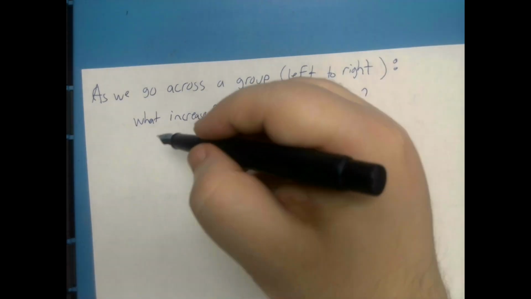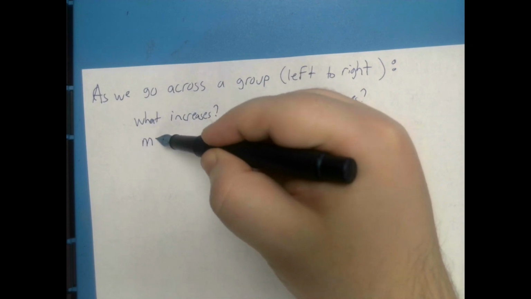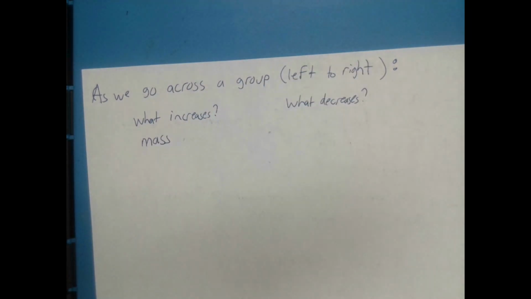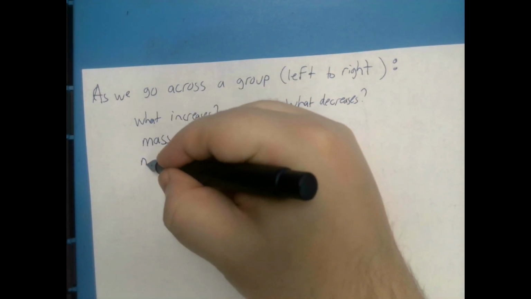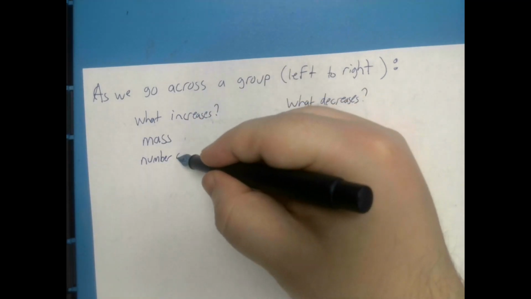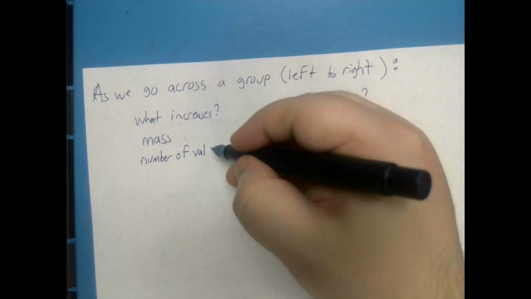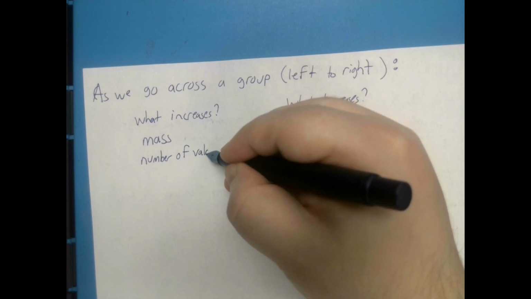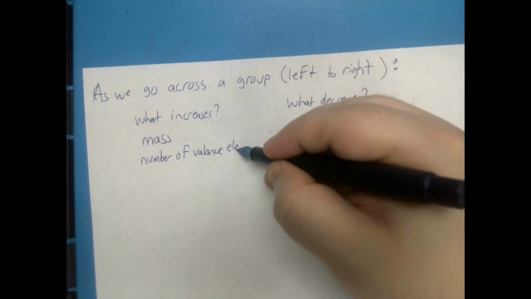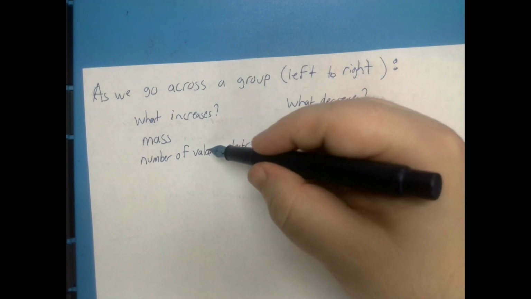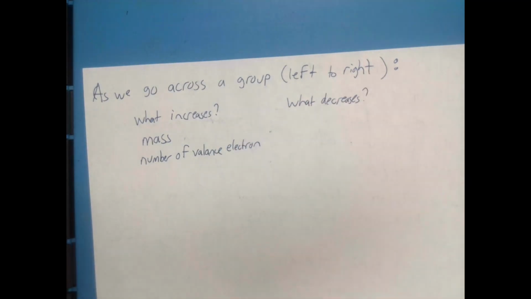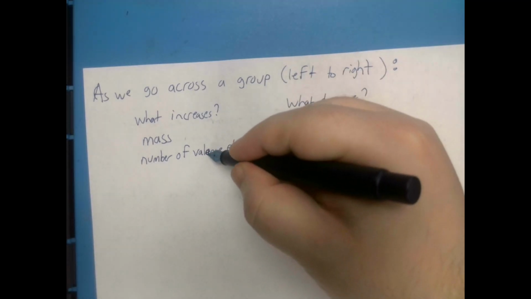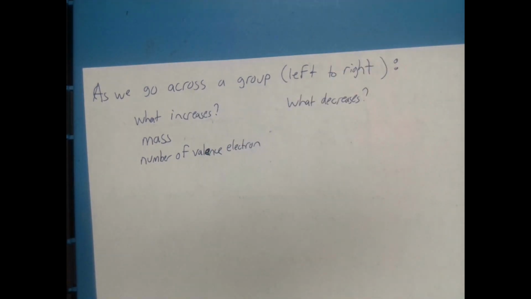So what all increases? Well, mass is going to increase. Number of valence electrons. Is valence spelled with an A or an E? I think it's E. So mass increases, number of valence electrons increases.